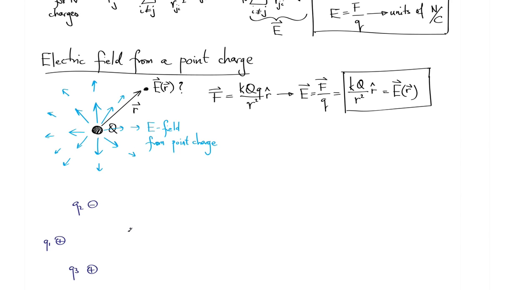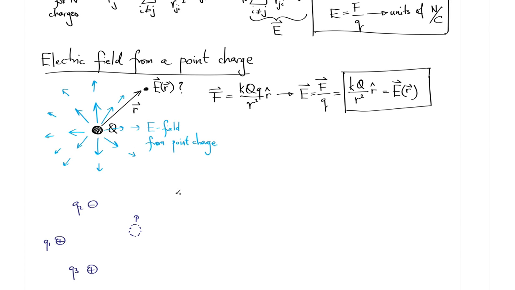And so we wanted to know the electric field at some point here, right? We're not putting a charge there. We're just saying, okay, let's imagine there's a point here. We might put a test charge in there. And so if we put a test charge in there, what direction of the force would it feel? And we always define the test charge as being positive.